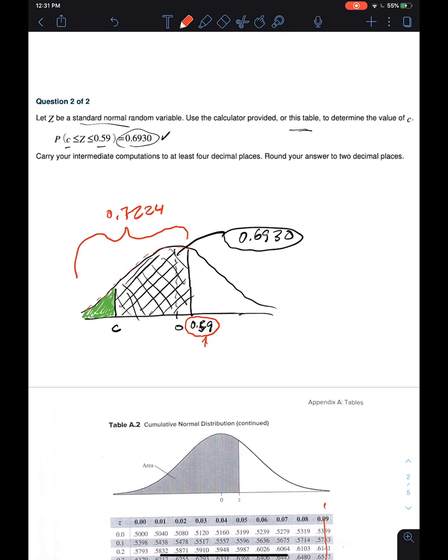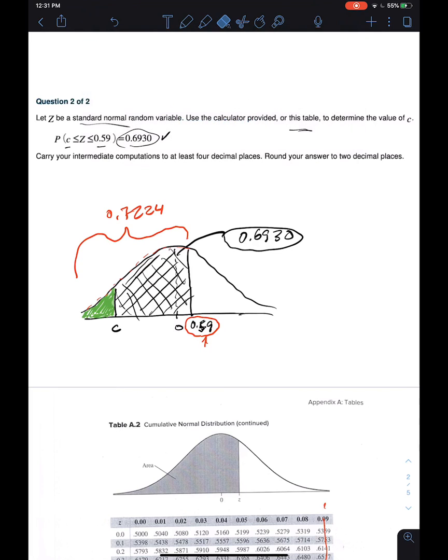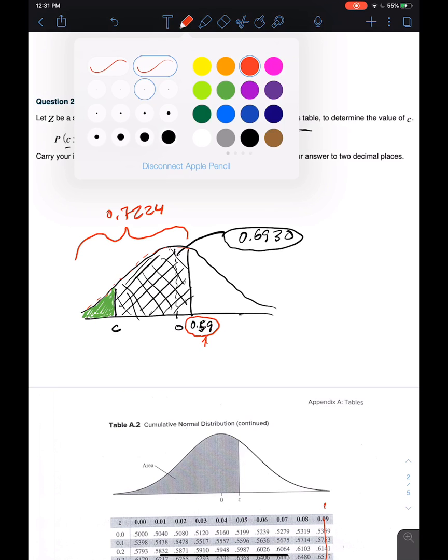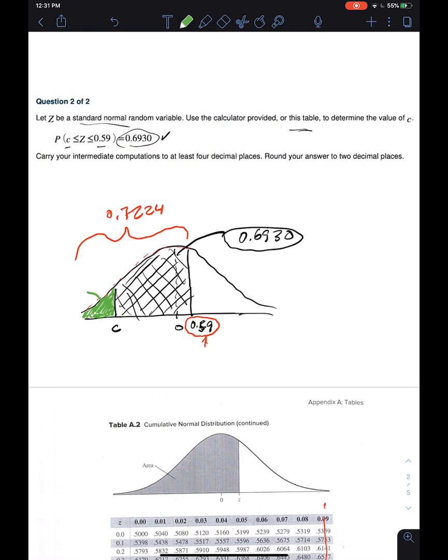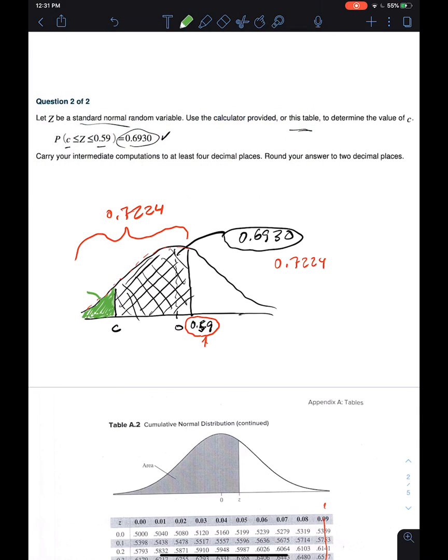Okay, well with that, let me make this a little bit smaller. I'm going to need to figure that out. Well, how am I going to do that? All I have to do is take the red, which is 0.7224, and subtract out the black shaded, which was 0.6930.